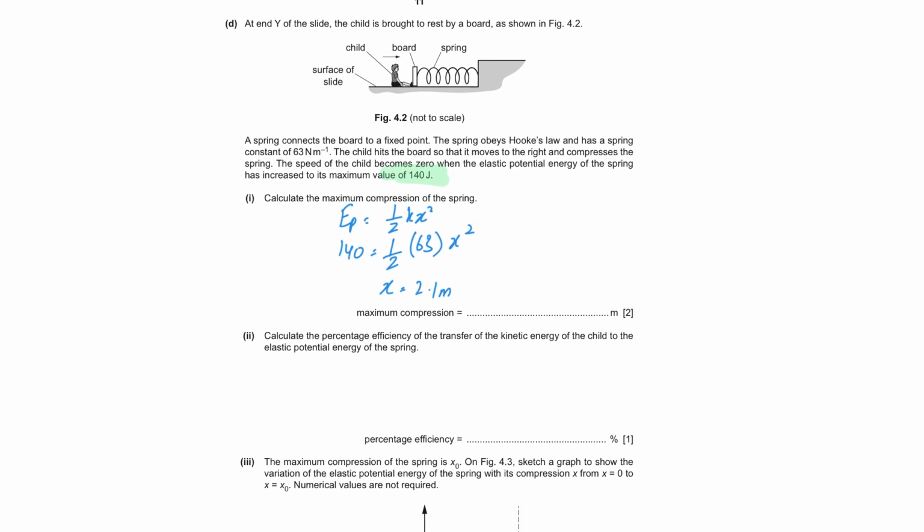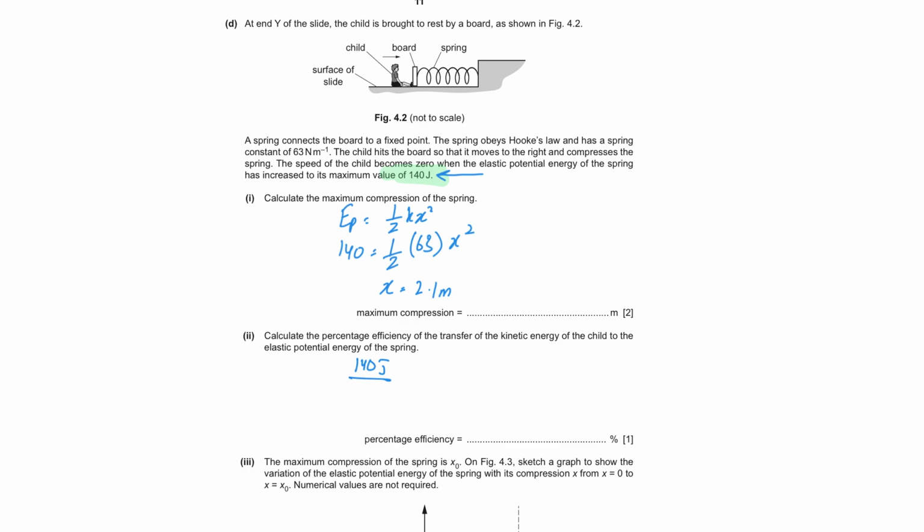Part 2 says, calculate the percentage efficiency of the transfer of kinetic energy of the child to the elastic potential energy of the spring. Percentage efficiency. They're asking you for the ratio, but they want it in terms of percentage. What was the elastic potential energy stored in the spring? 140 joules. What was the kinetic energy of the child at that point?